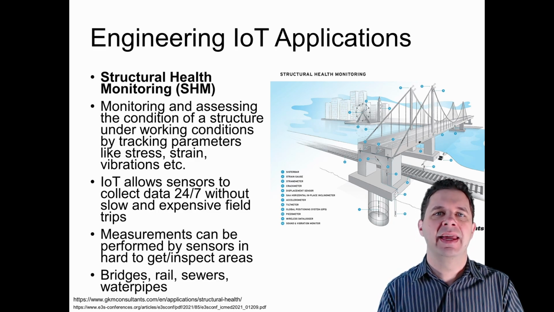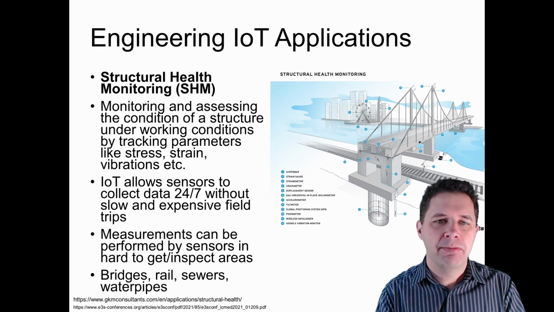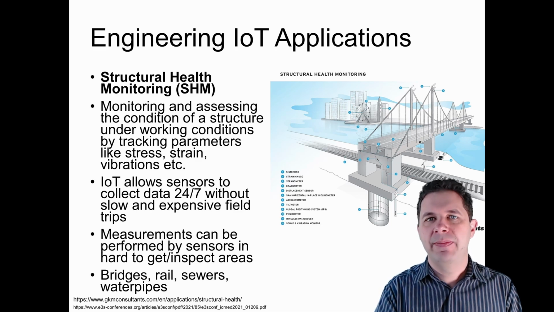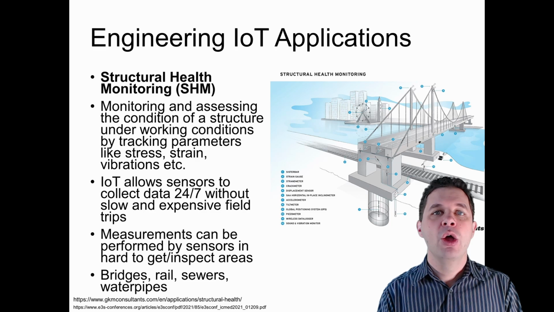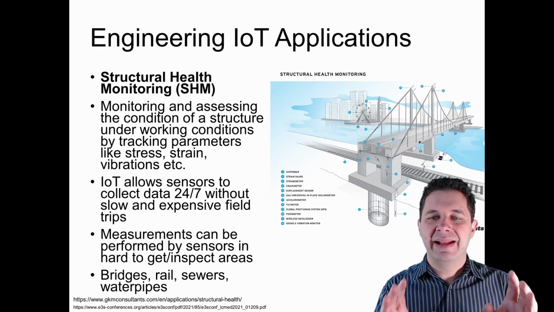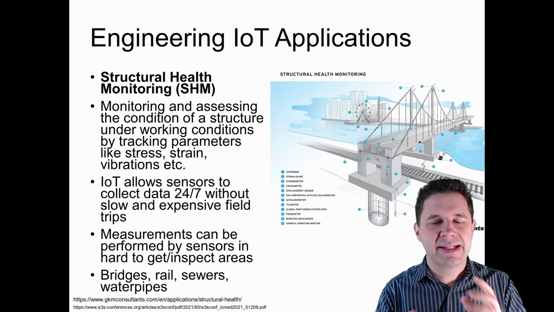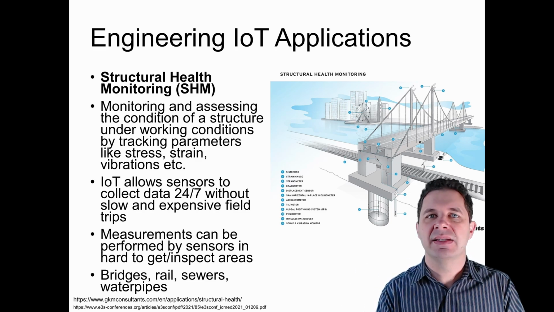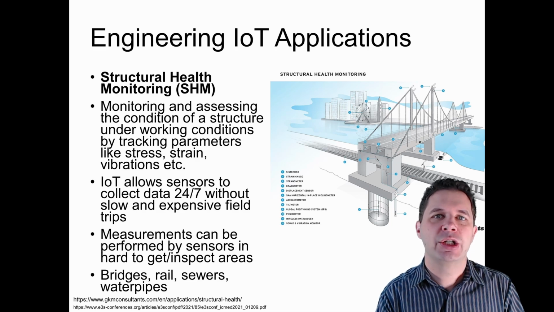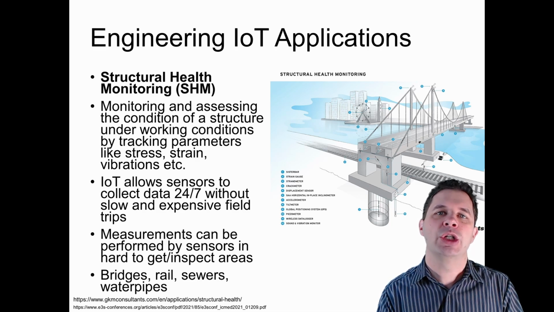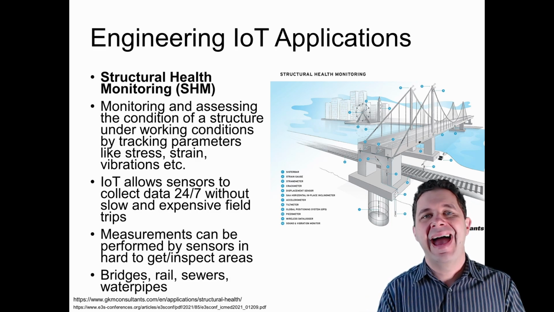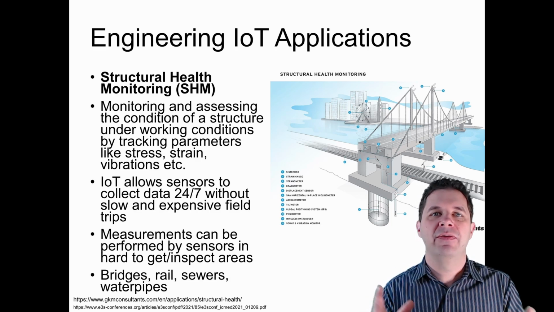So rather than sending someone out once a month to survey cracks or to use a rebound hammer to measure compressive strength of concrete, or to look at whether there's any rust occurring on bolts, you can have sensors measuring things like stress and vibration and temperature and looking at the various working parameters while the system's in operation, sending data back 24/7.